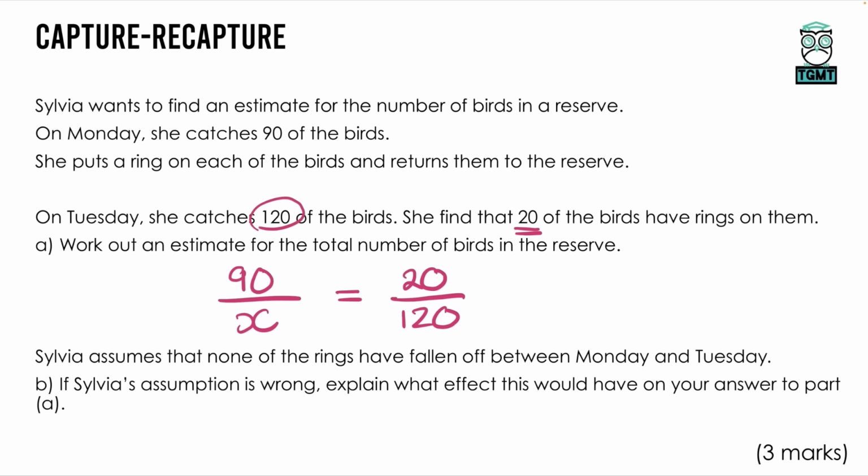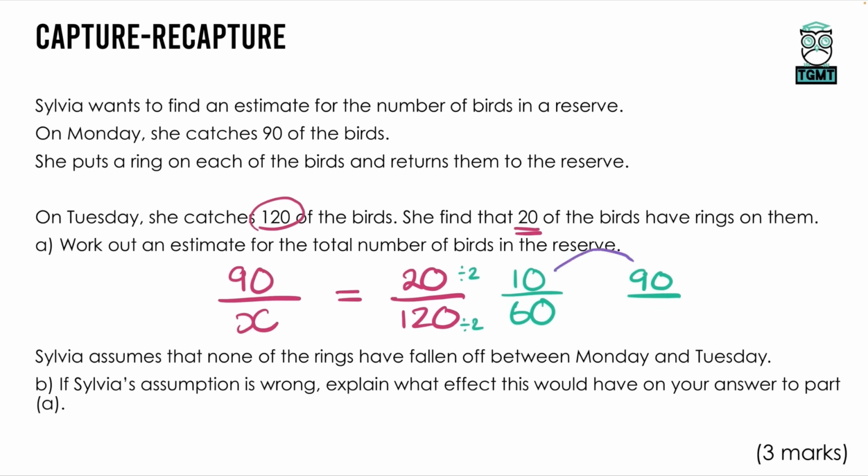But you might be able to simplify this fraction on the right, and actually it does simplify. You can divide the top and bottom by 2. You can divide by other numbers as well, but if we divide by 2, we get 10 over 60, and that's a really nice number to think about how it turns into 90. So if I write it again over to here, let's have a think. We'd have 90 on the top. How do we get from 10 to 90?